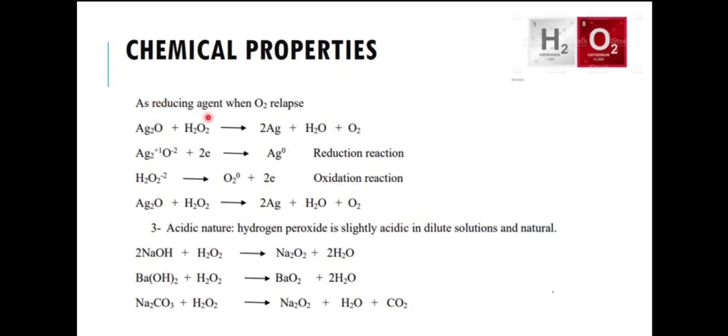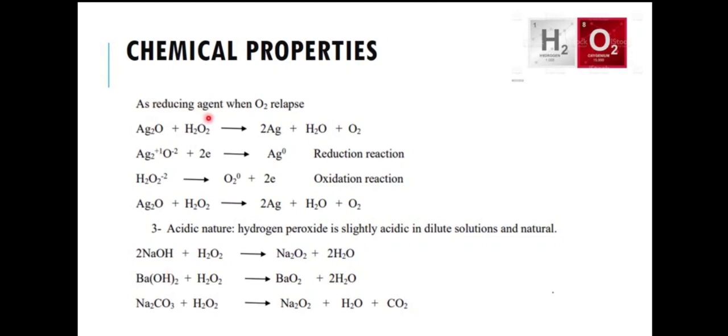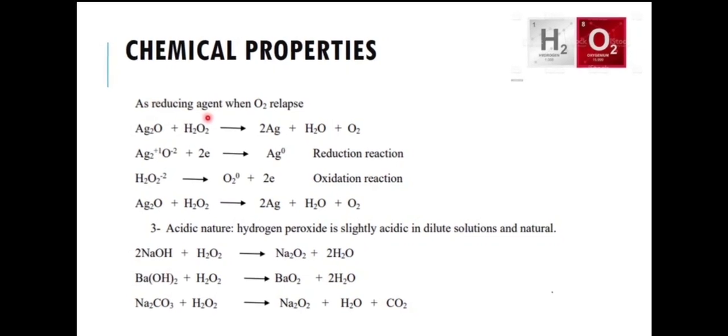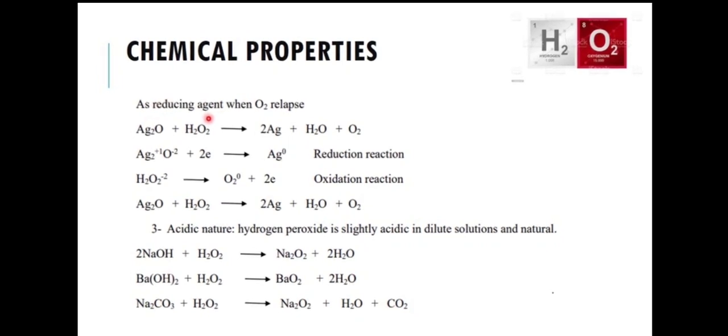So that is the identification test for hydrogen peroxide. 2KMnO4 + H2SO4 + 5H2O2 gives K2SO4 + MnSO4 + 5O2 + 8H2O. A small quantity decolorizes acidified KMnO4 with evolution of oxygen.